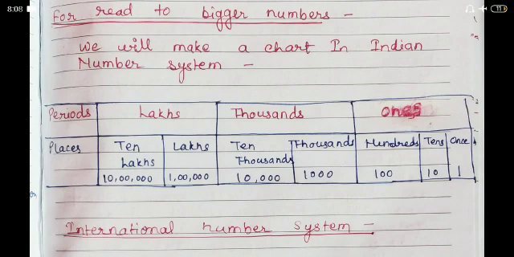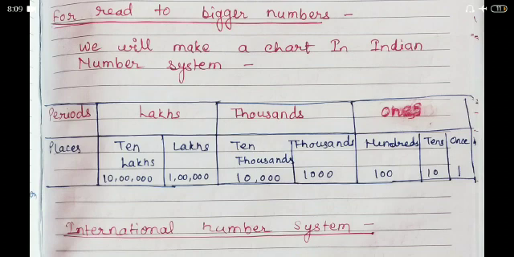In the Indian system, the first period has three places and the rest have two places.